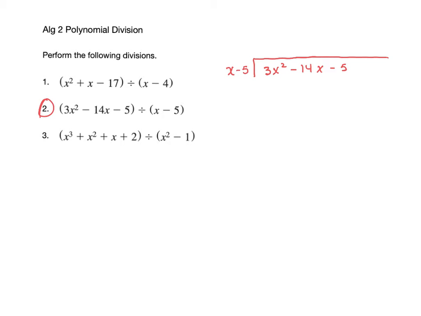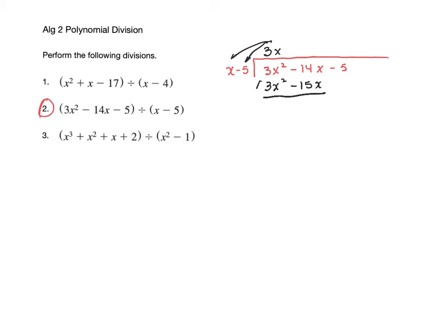We just have to ask ourselves, x times what would give me 3x squareds? This is a 1, so 1 times 3, so it's going to have to be a 3, and this is an x. To get an x squared, I'm going to have an x, so it will be 3x. And then we distribute that 3x to our divisor, giving us 3x squared, and 3 times negative 5 is negative 15x.